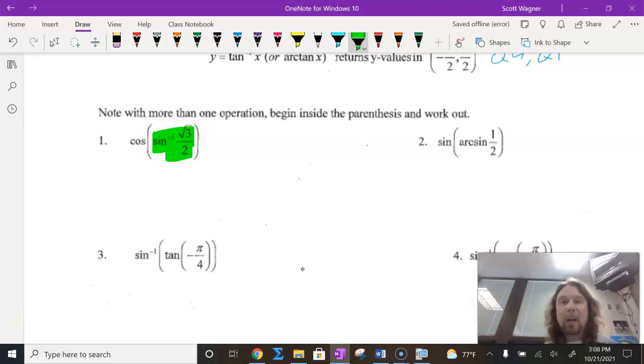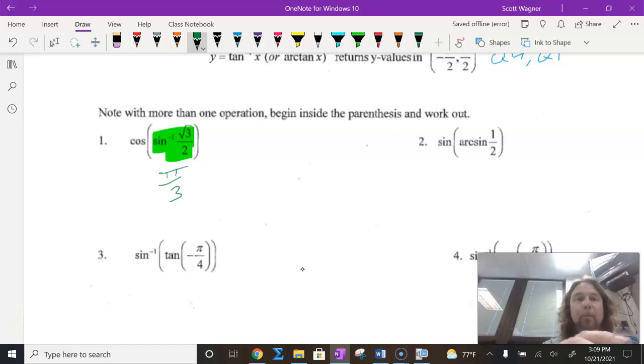You're thinking, what angle is going to give you a ratio of root 3 over 2 when you're dealing with the sine? If you use the hand trick, you want sine, lower half of your hand, 3 fingers up, 1, 2, 3, fold that one back. You can use your triangle method to figure that out. But hopefully you're a little more comfortable saying that has got to be an angle of pi over 3 or 60 degrees.